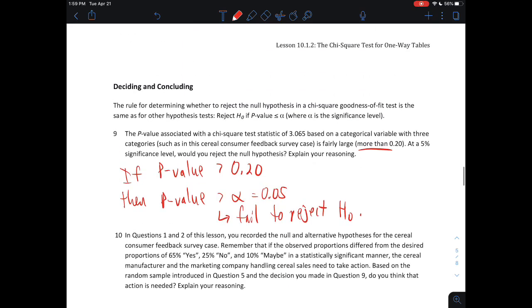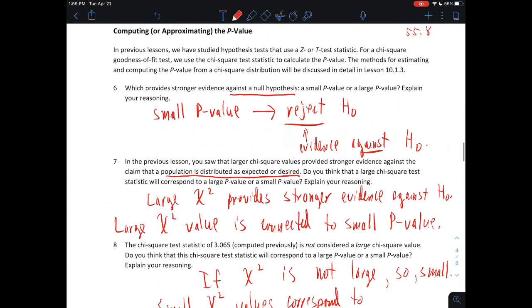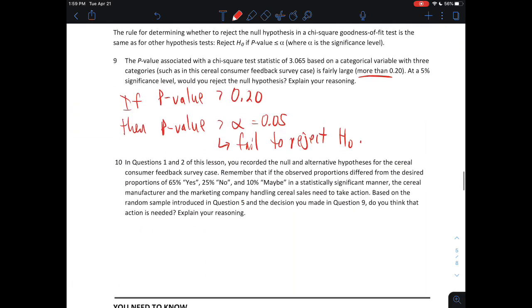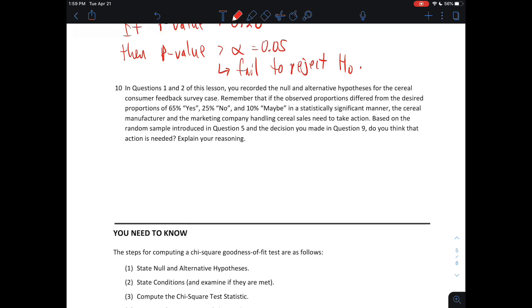which means we didn't reject the null hypothesis, which means we don't have evidence against the null hypothesis. So, is action needed? No. We fail to reject the null hypothesis.